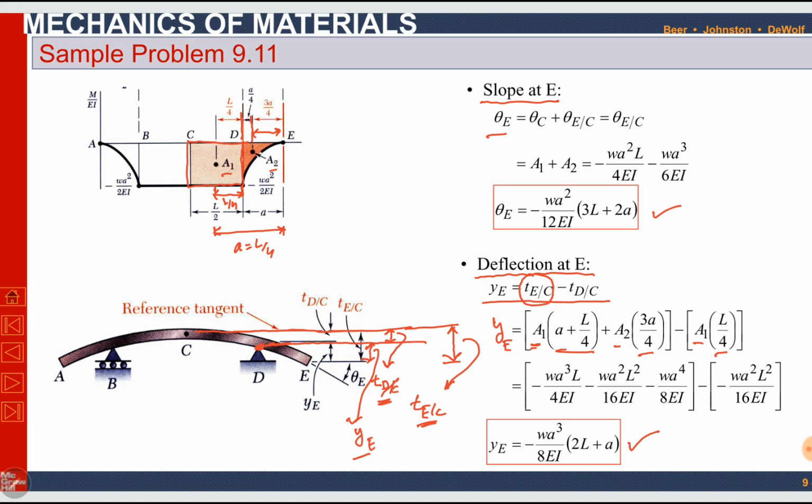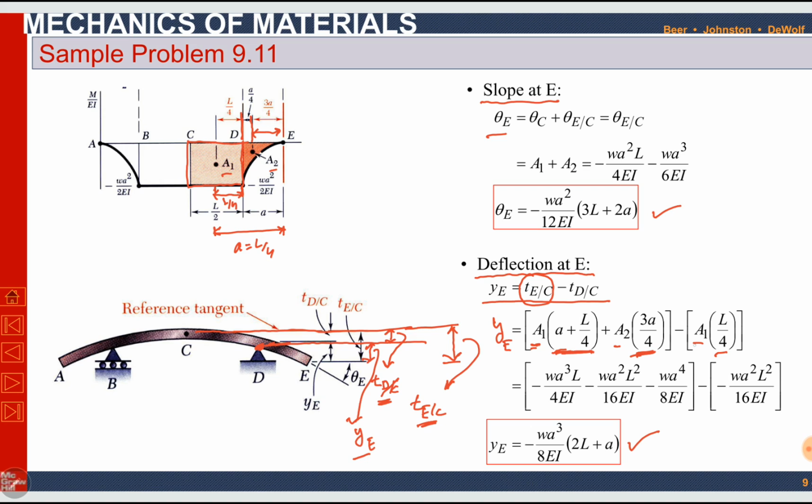TEC is the sum of areas under the M over EI diagram between point E and C into the distance of their centroid from point E. So area 1 into the distance of its centroid from point E plus A2 into the distance of its centroid from point E, minus TDC.